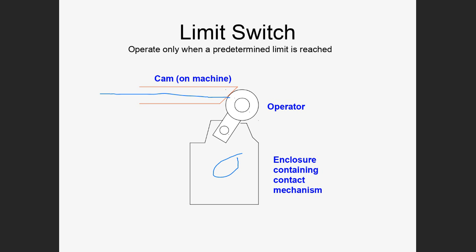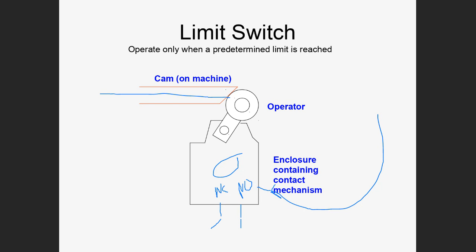This is like the common connection right here, and then you have a normally closed connection and a normally open connection. So you have a choice. If you want normally closed, you connect the other wire here. If you want normally open, you connect it there.